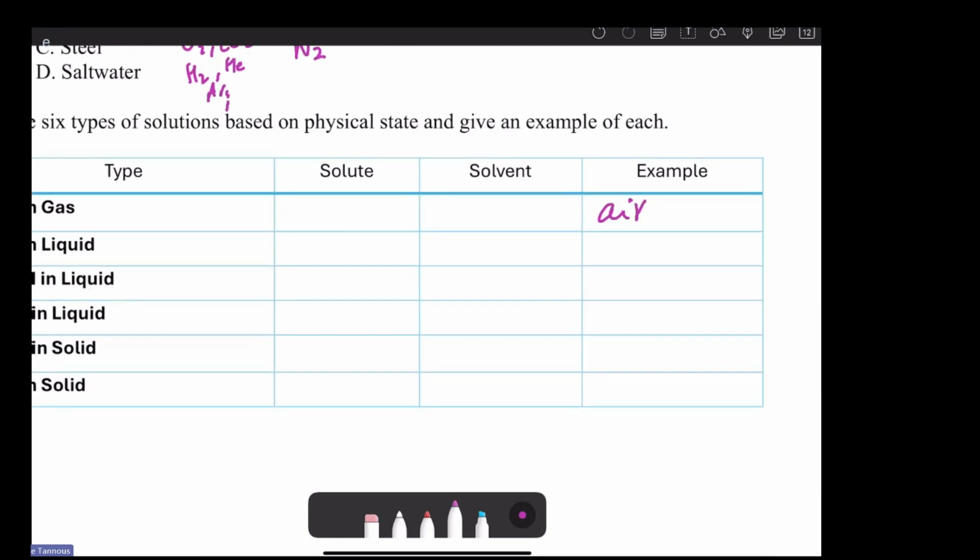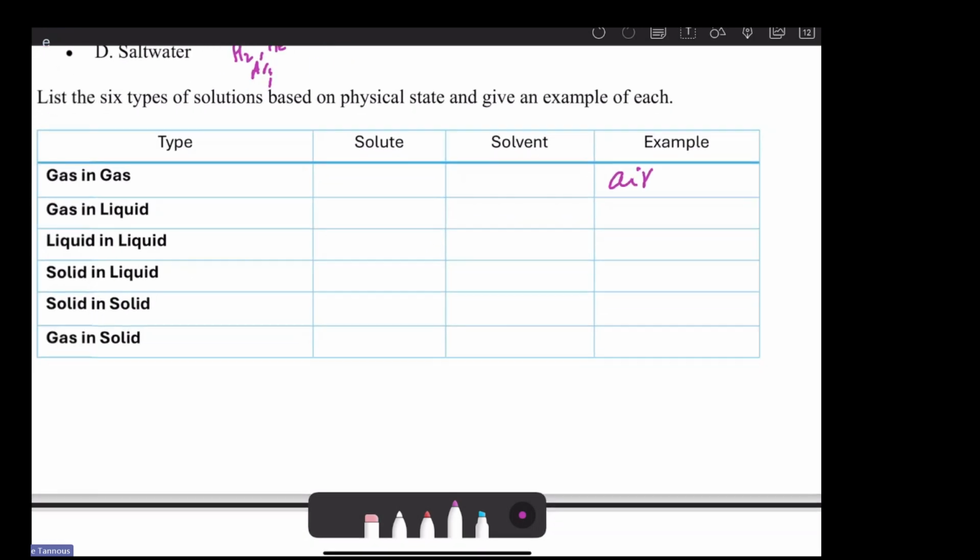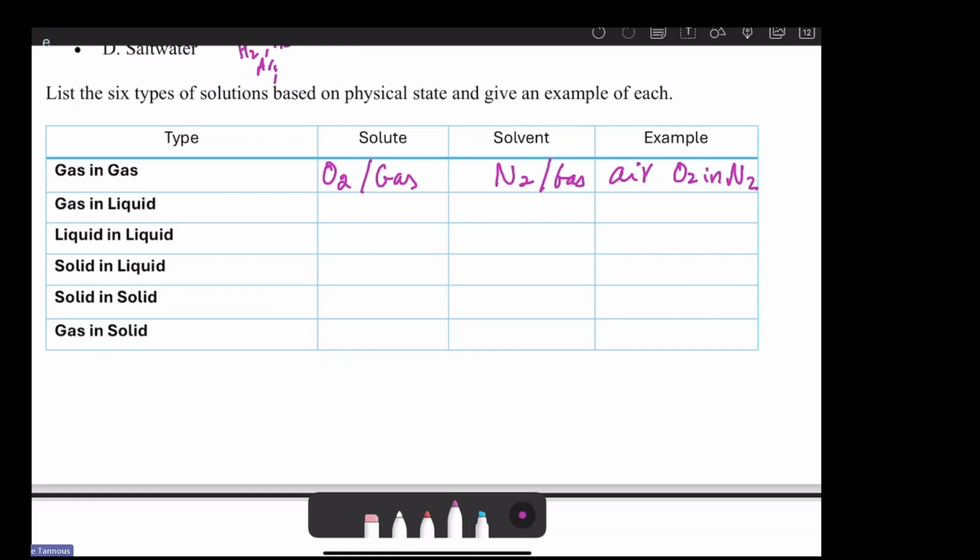So the air is the other gases in nitrogen, or oxygen in nitrogen. So nitrogen is the one in larger quantity, which is gas, and oxygen, for example, is in less quantity, which is the solute.